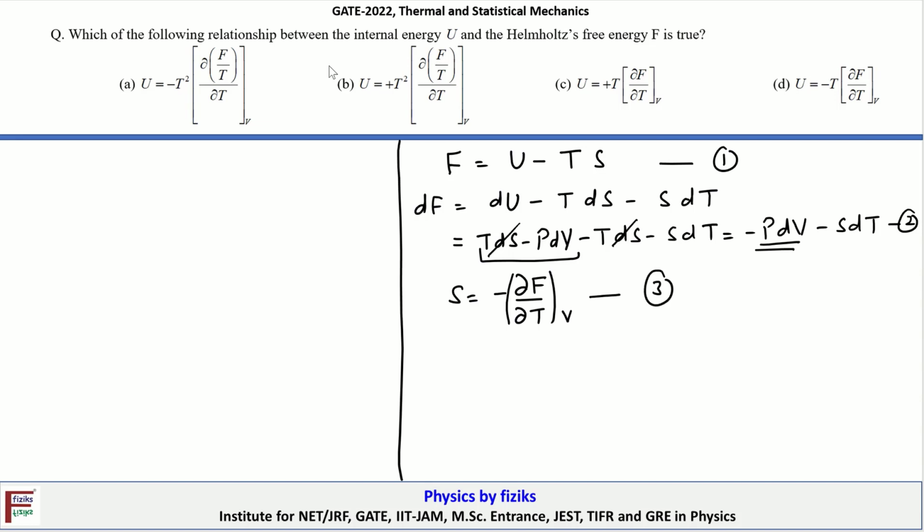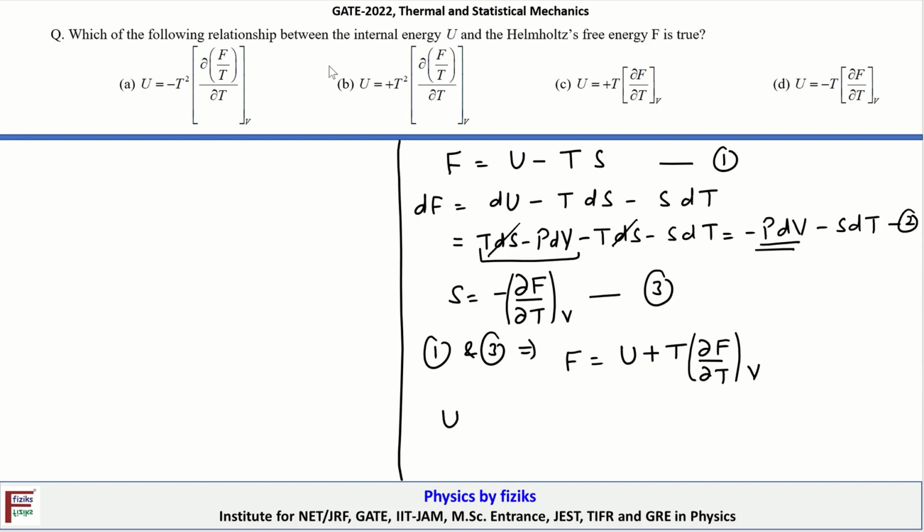Now clubbing equations 1 and 3 implies F is equal to U minus TS, replacing S with minus dF by dT, so U plus T dF by dT at constant volume.